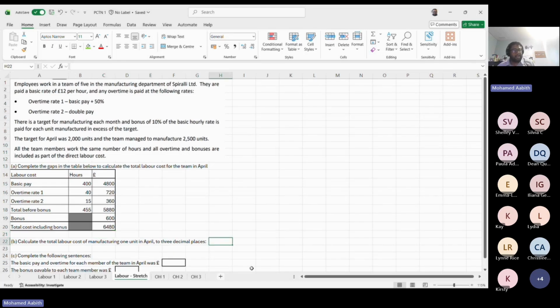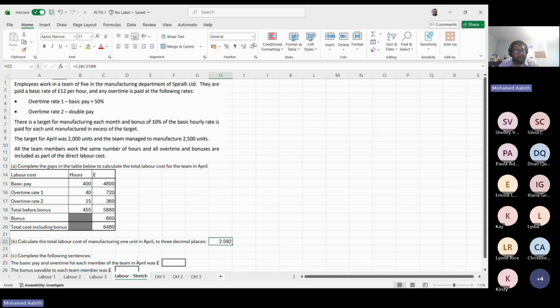So I know for a fact now it cost me £6,480 to produce how many units? 2,500 units. So how much is the cost for 1 unit? Divide by 2,500 units, and it gives me £2.592p. Okay, it's basically 3 decimal places there.